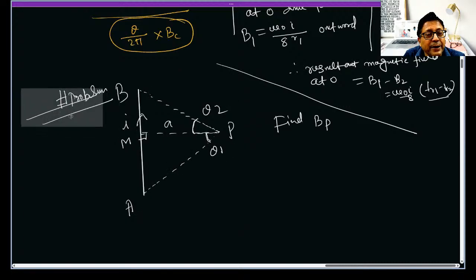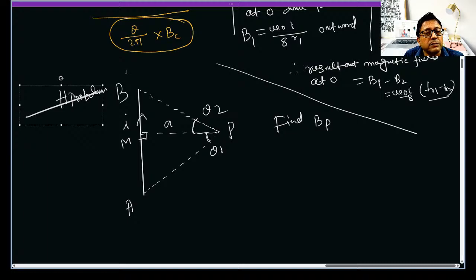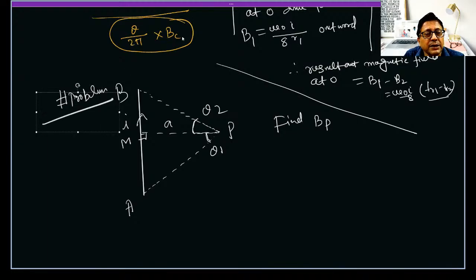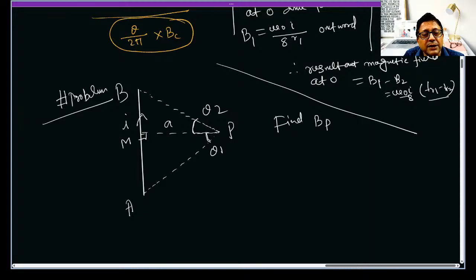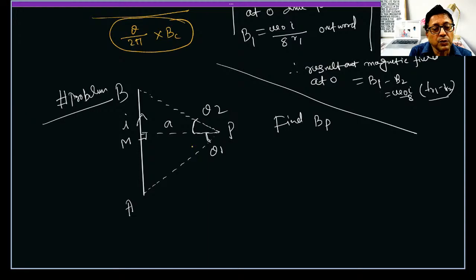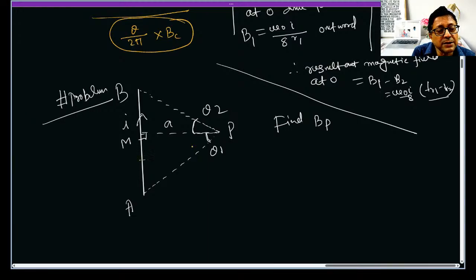See how to find the magnetic field here. We are going to find magnetic field at P due to this current carrying conductor. What we will do here? We will divide into current elements. This is a current element PQ. Oh, this P is already in use.